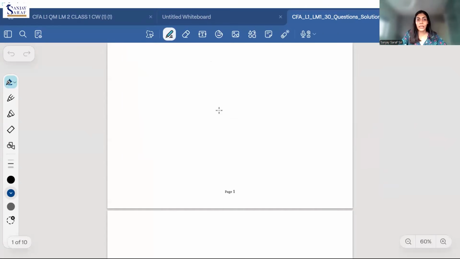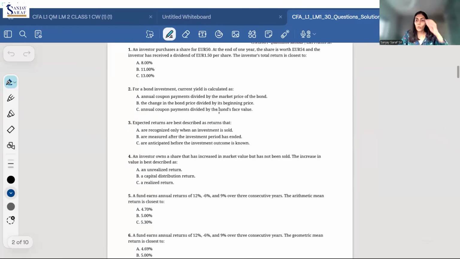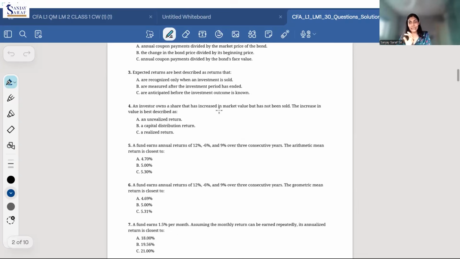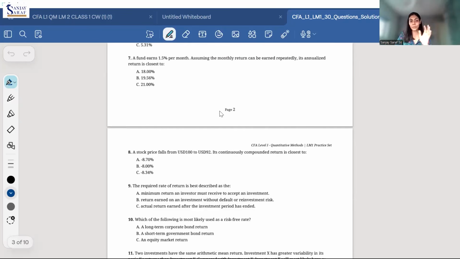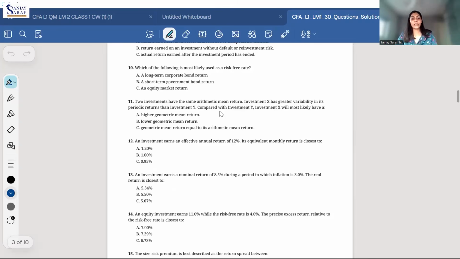It has 30 questions from both the LOSs. When you do these questions, you will realize that the questions are in a slightly increasing difficulty order. Like the first 10 are slightly easy, the next 10 are in between, and the last 10 are the really expert level questions. They will test all the conceptual portions of the chapter.